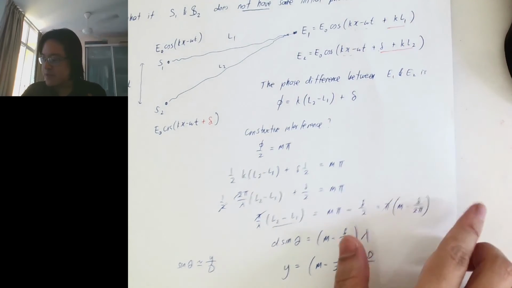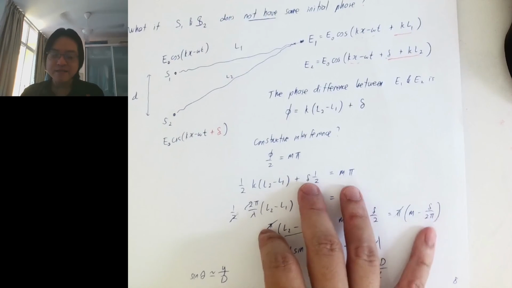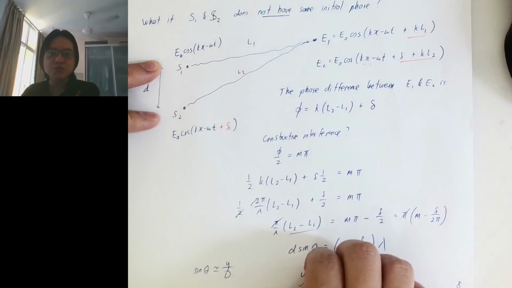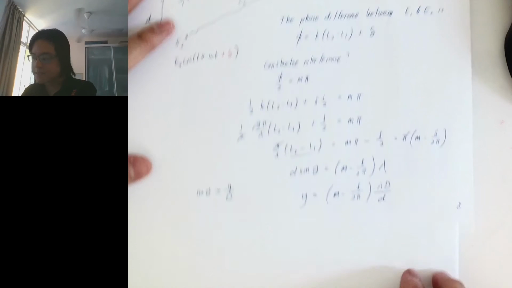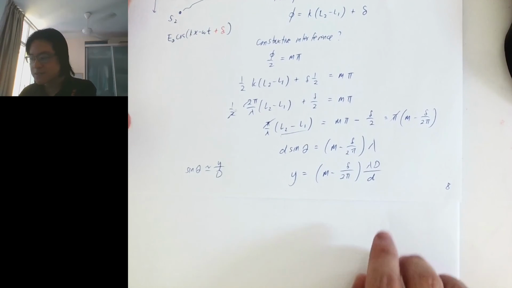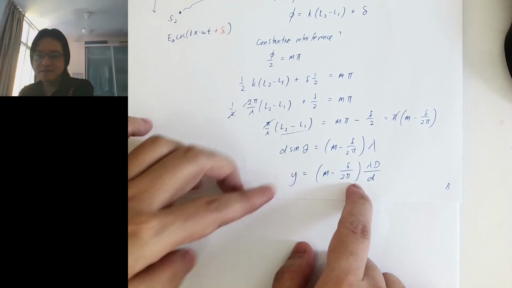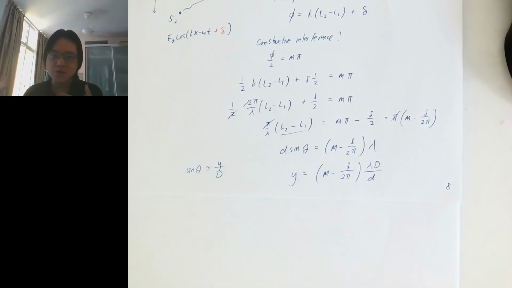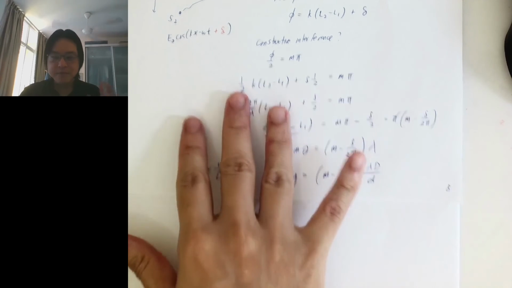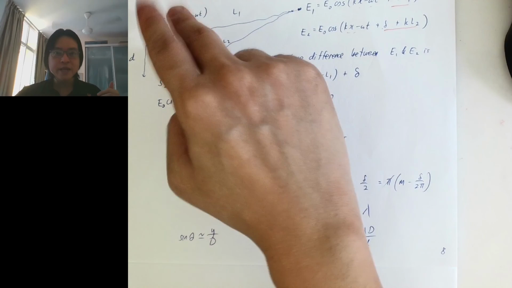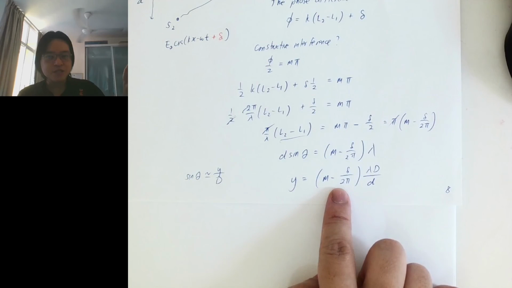I'm probably repeating this many times already, but the reason we do this is that I'm showing you how to do the calculations, and my advice, which I have repeated many times, is to try not to just memorize this formula and then go to the exam, because the exam can manipulate the situation a little here and there. Once they manipulate the situation a little bit, the formula will change.